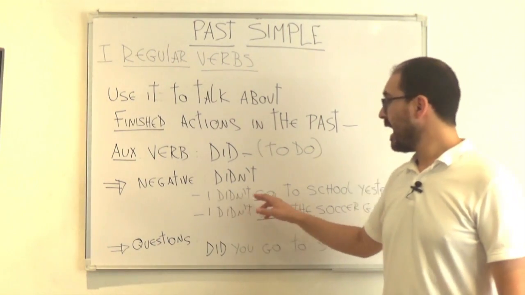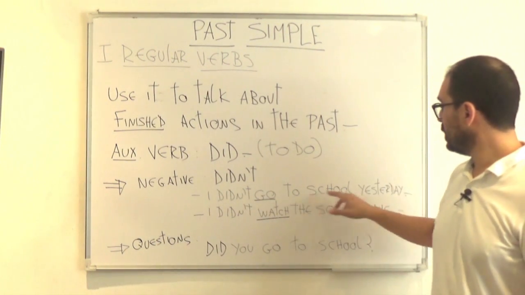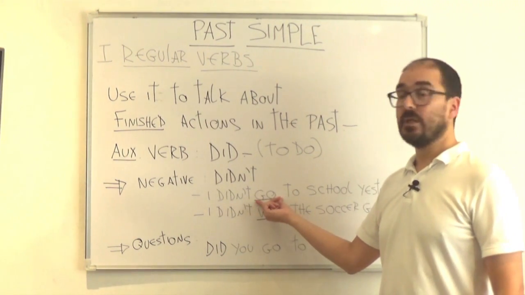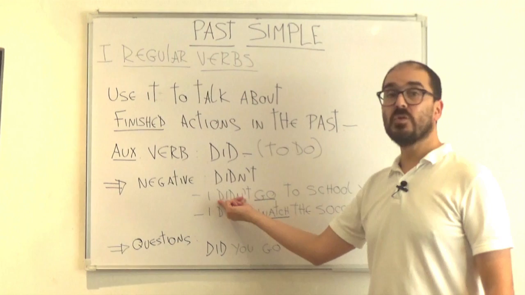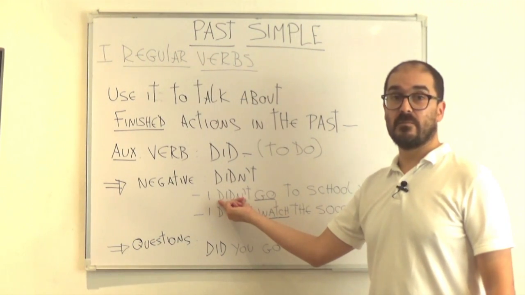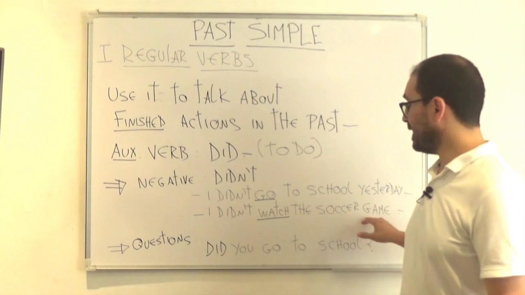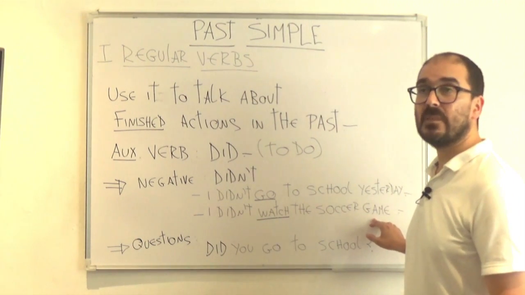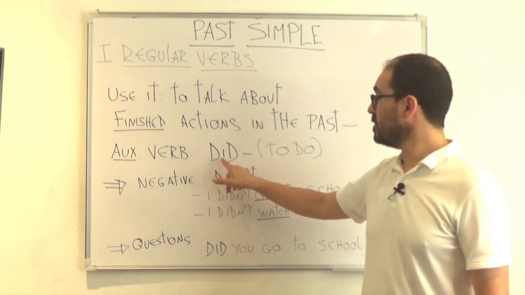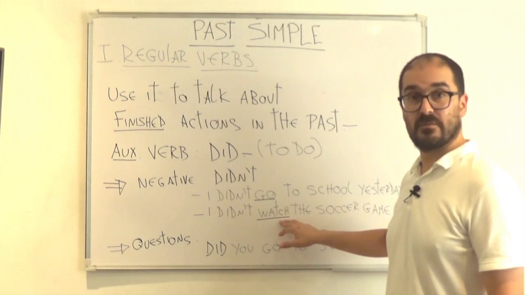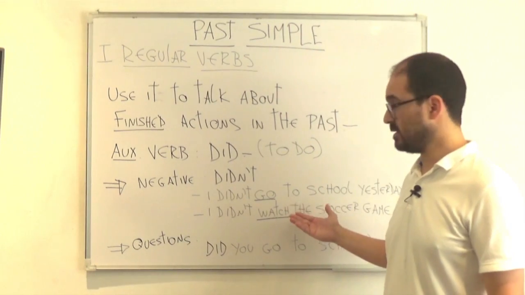For example, I didn't go to school yesterday. So we maintain our verb and we change the verb to do to the past tense. Next example, I didn't watch the soccer game. So, all we have to do is use did or didn't with the infinitives to talk in past tense.